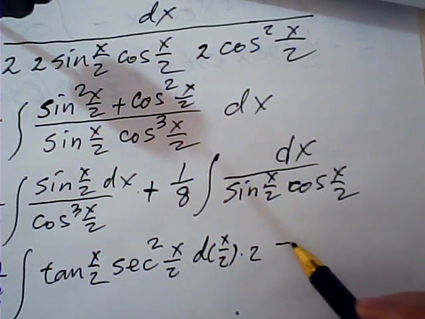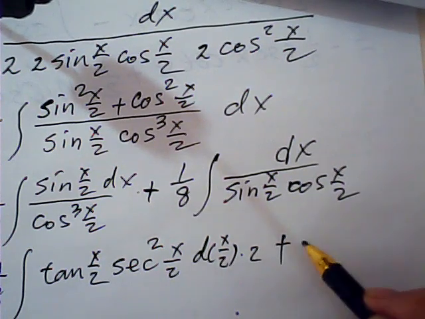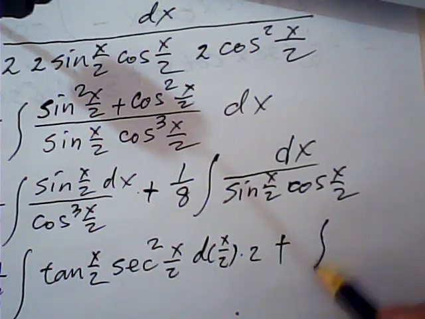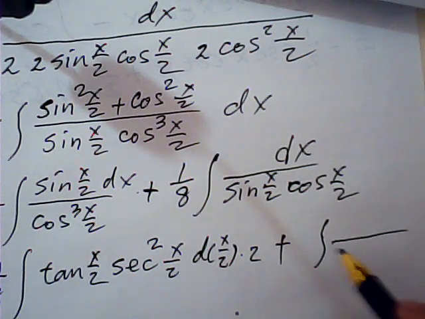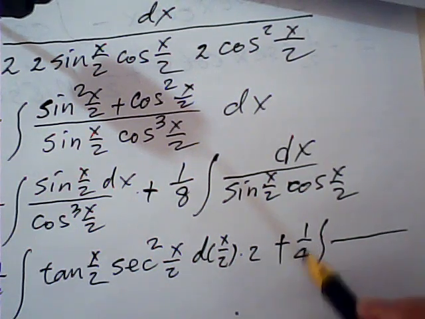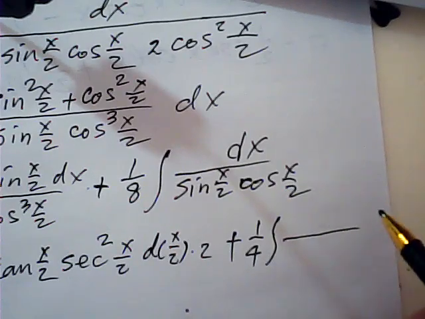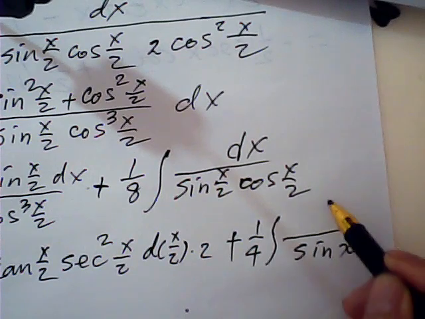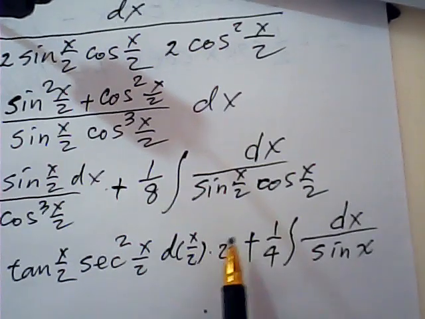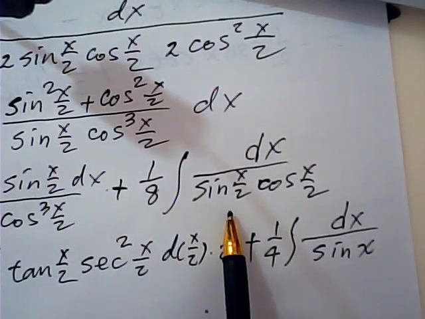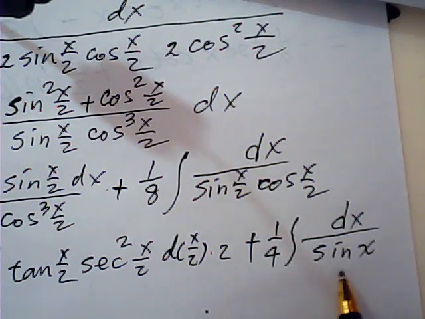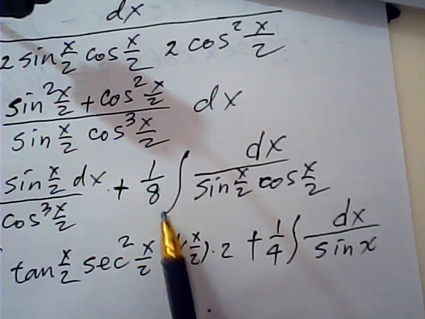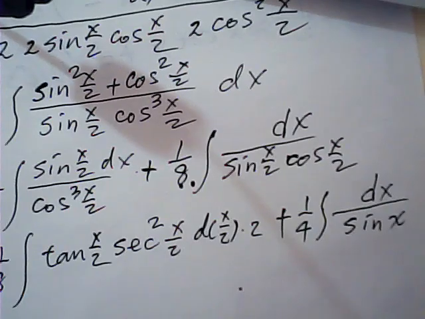And this becomes sine x, I'll change it to 4, right? Yeah, this is sine x. Well, 2 sine half x cosine half x becomes sine x. So that's why the 2 cancels with this one.